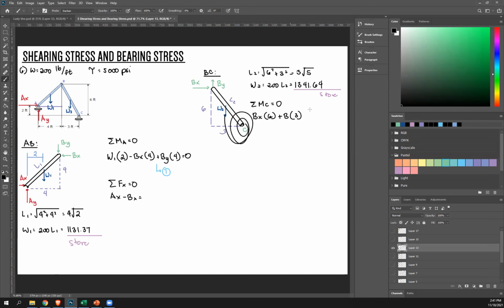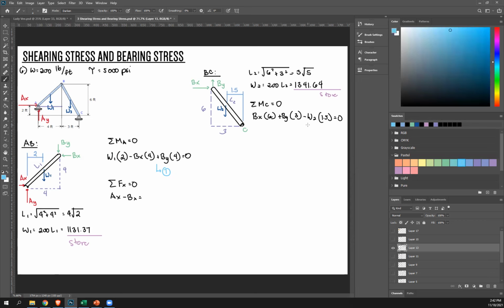W2, rotate about C, that's counterclockwise, so negative W2. And then get perpendicular distance. So similar to what we had in AB, this is the perpendicular distance, right? Which is just half of this. So that's 1.5. So times 1.5 equals 0. Once again, 2 unknowns, so there's nothing to solve for yet.